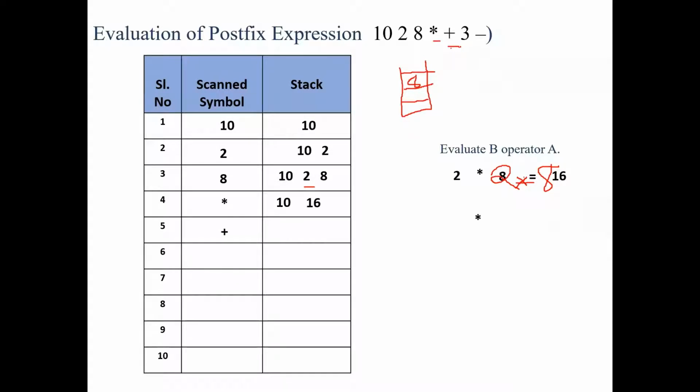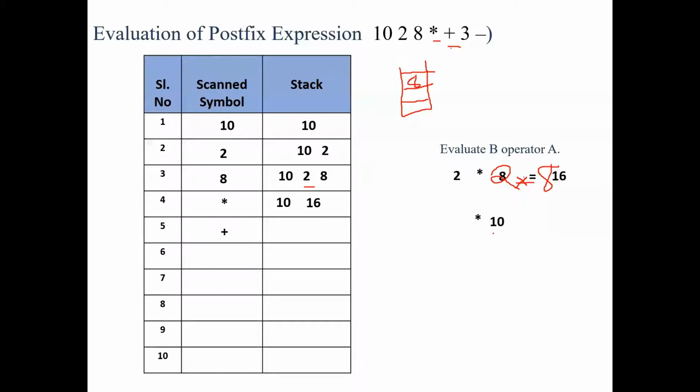When we encounter the addition operator, what are we supposed to do? We will again pop out the top two operands. Which are the top two operands now? 10 and 16.